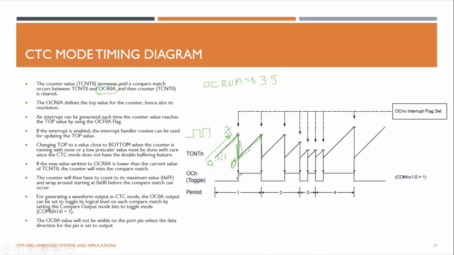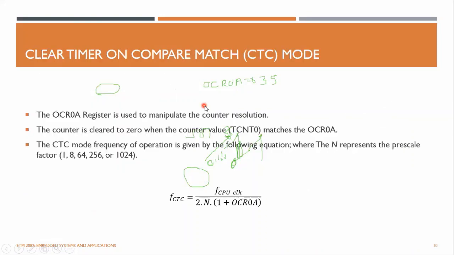And you can use it to generate a waveform. There's a pin called OCn, that is this pin.